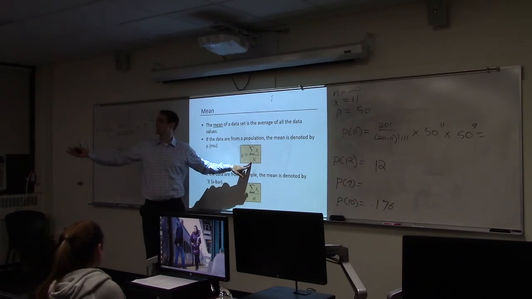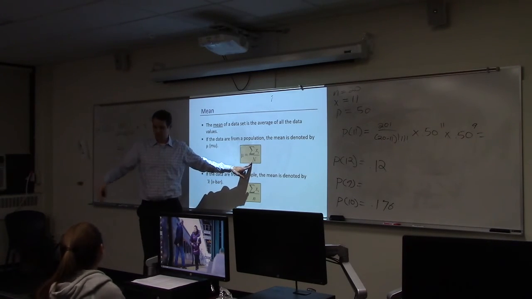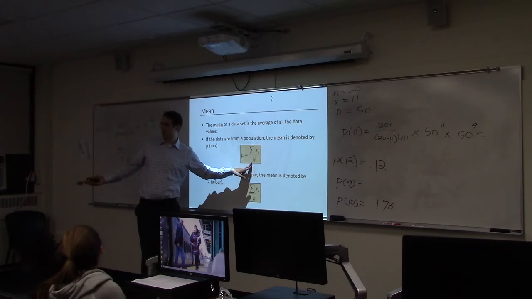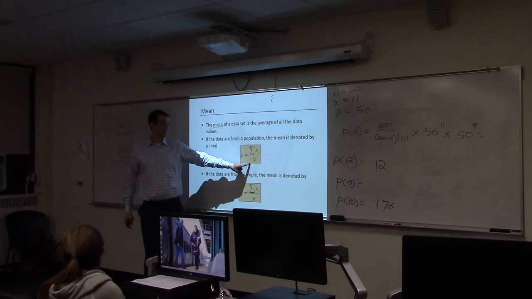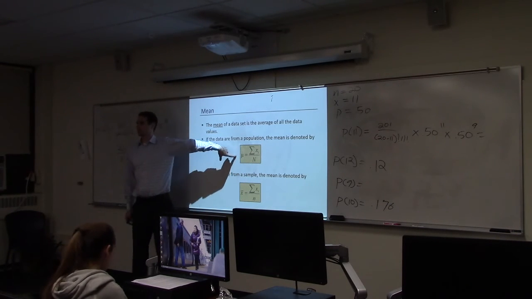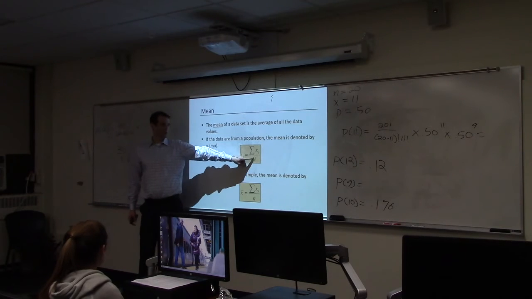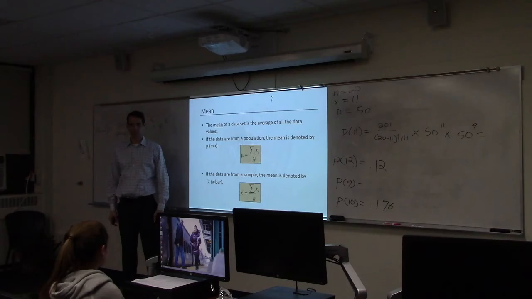So if we're measuring heights of trees in a forest, say we have 49 trees in a forest, we add up all the heights of all 49 of those trees, divide by 49, and that gives us the mean, mu. Large N is the number of the whole population.